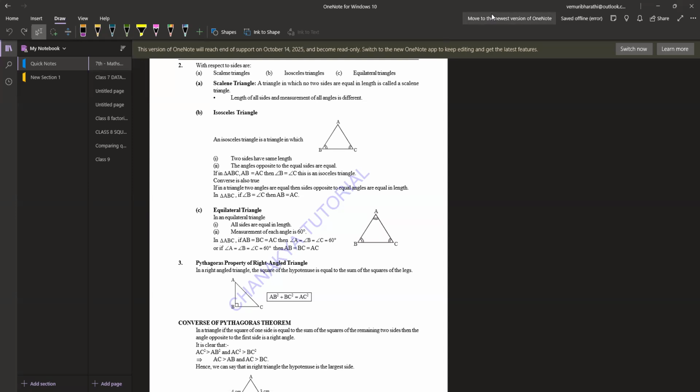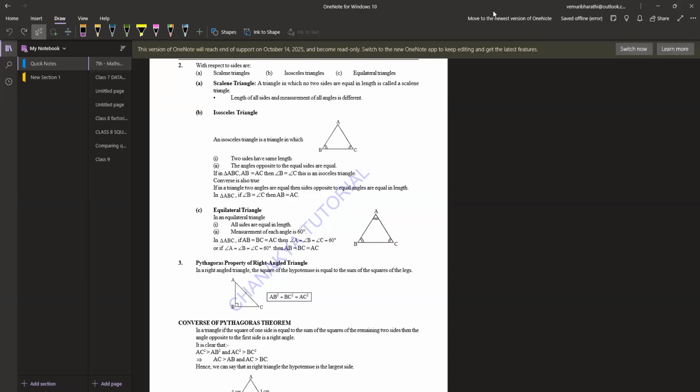What is the Pythagoras property? You will also learn about it in class 8 as Pythagorean triplets, and in class 10 in trigonometry.